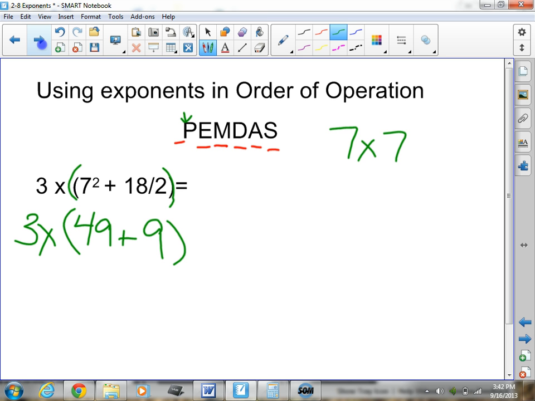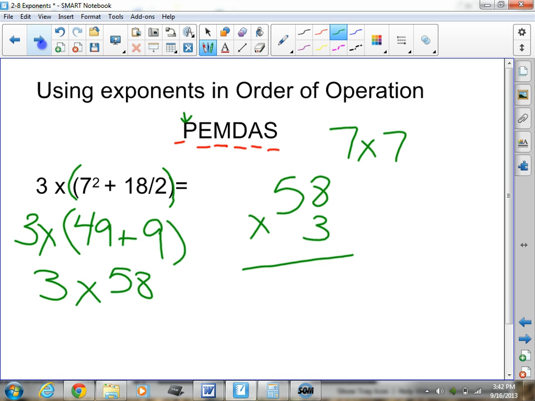So 49 plus 9 is 58. Now everything outside of that, we only have the multiplication. So 58 times 3. 8 times 3 is 24. 3 times 5 is 15, plus 2 is 17. So that means my answer is 174.